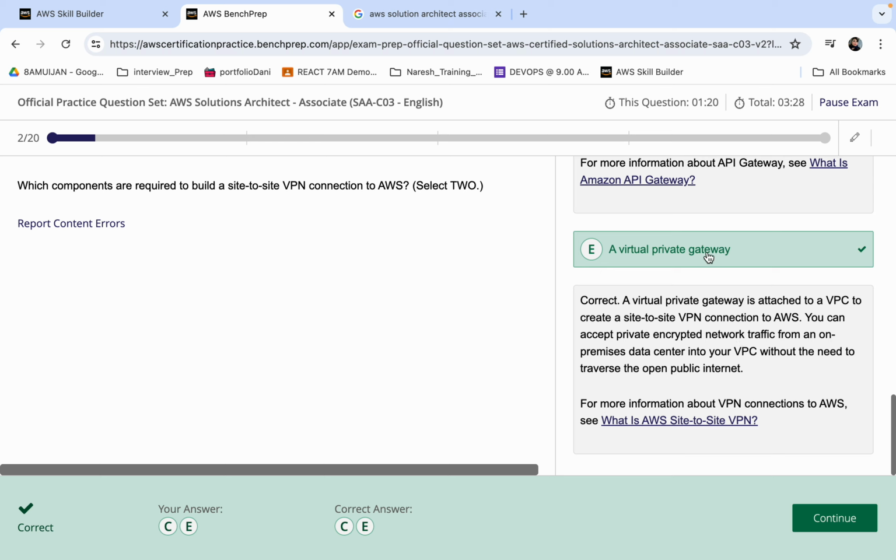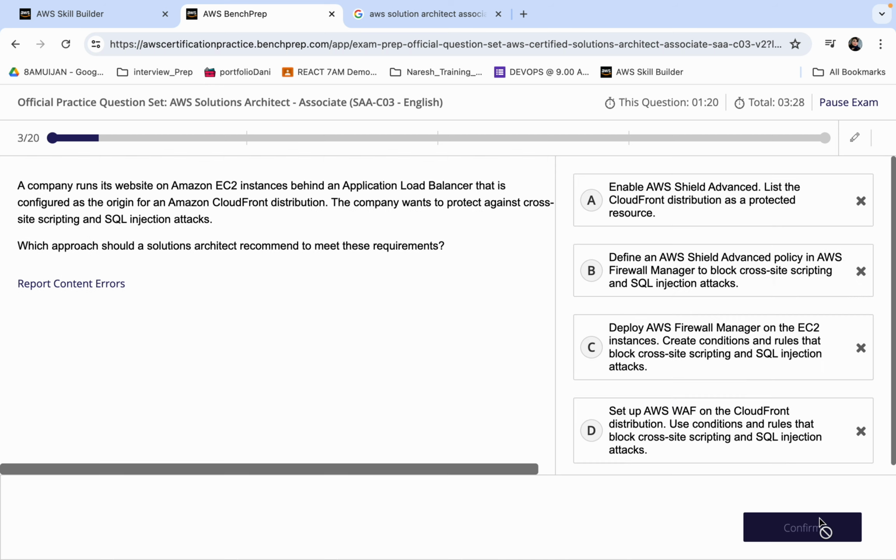And the virtual private gateway, we know, is attached to a VPC to create site-to-site VPN connections to AWS. You can accept private encrypted network traffic from an on-premises data center into your VPC without the need to traverse the open public internet. So let's jump into the third question.